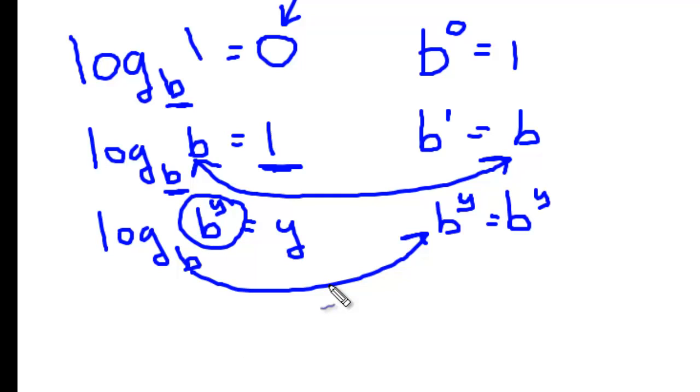Some very basic properties of logarithms. It makes it much easier when you just remember a logarithm is the answer to a question. What is the exponent that I need to raise the base to?